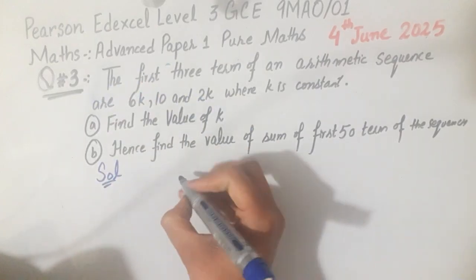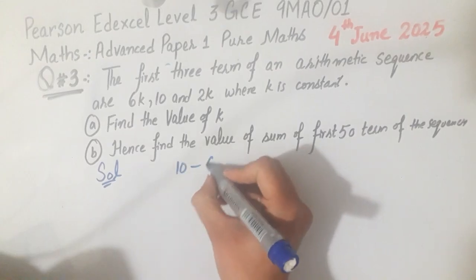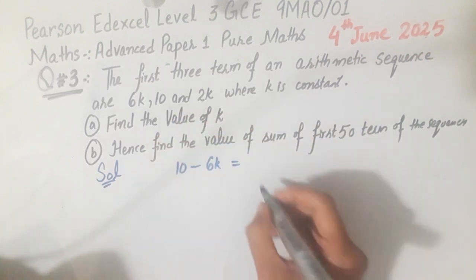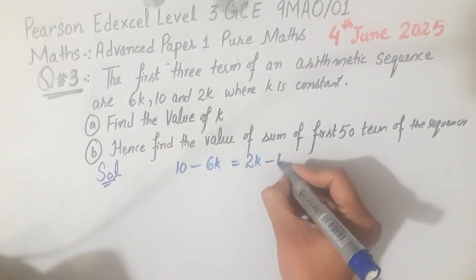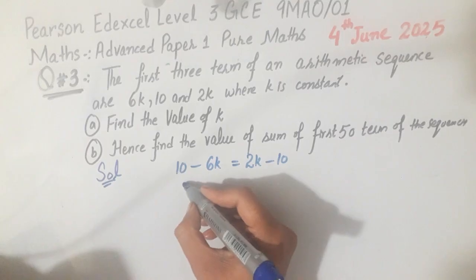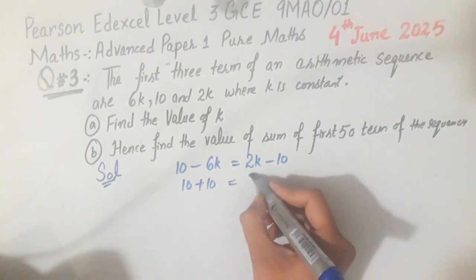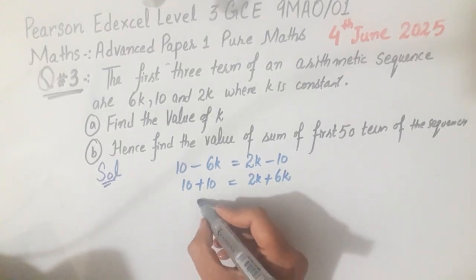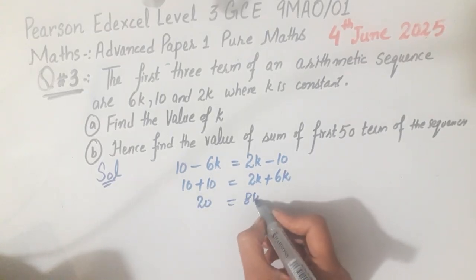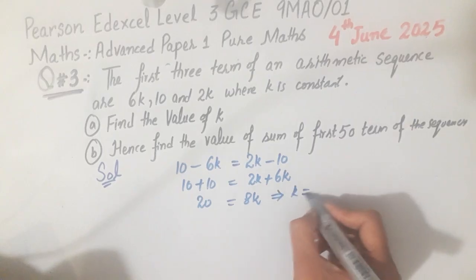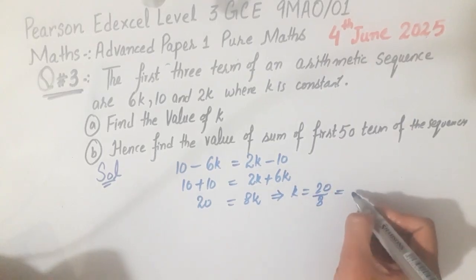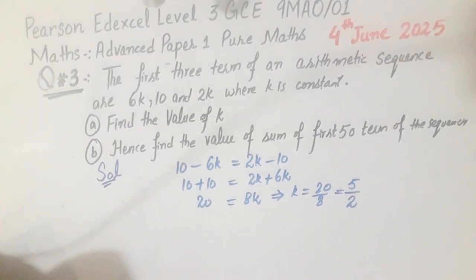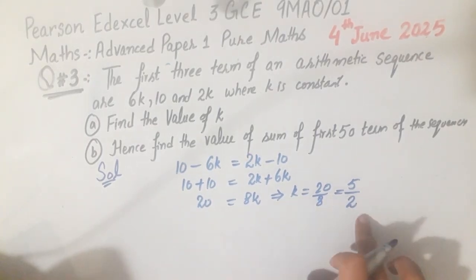So the second minus the first equals the third minus the second: 10 minus 6k equals 2k minus 10. So we get 20 equals 8k, which implies k equals 20 by 8. 4 5s are 20 and 4 2s are 8, so the value of k is 5 by 2.